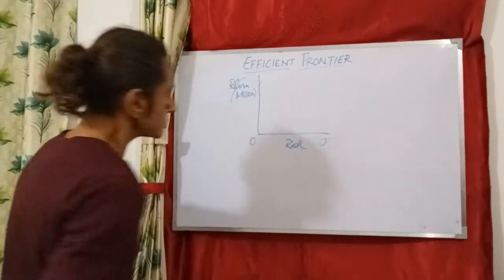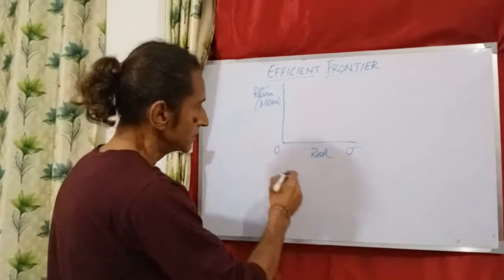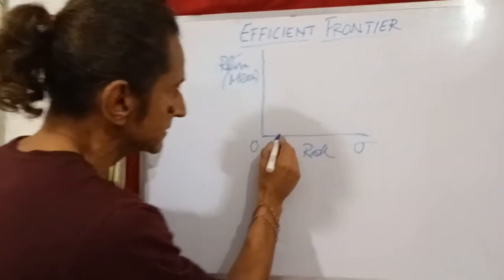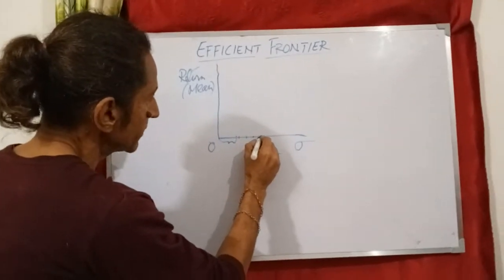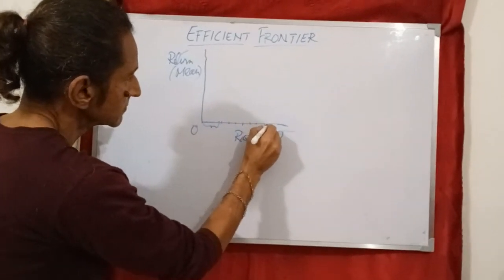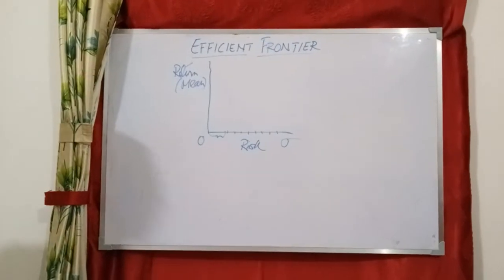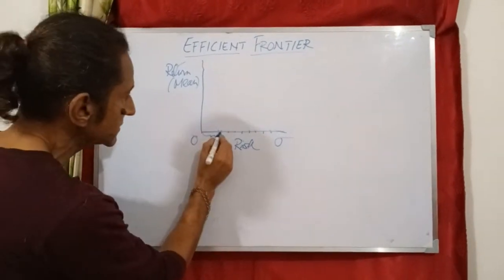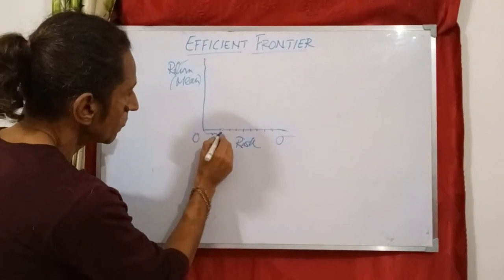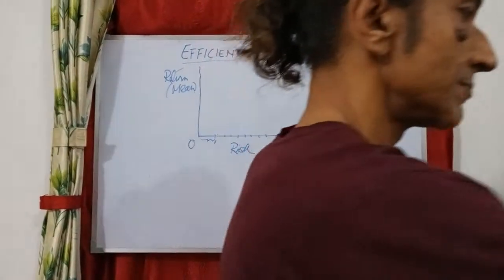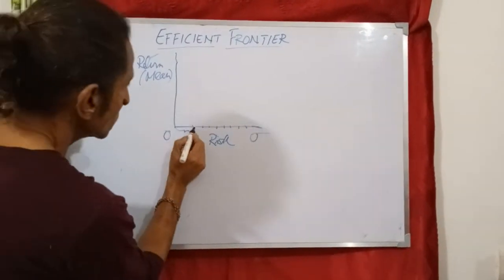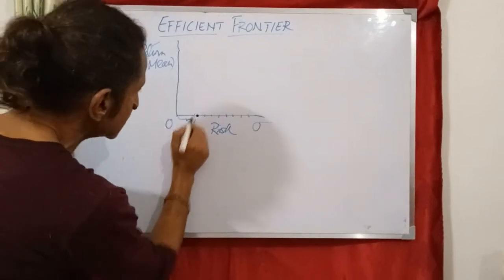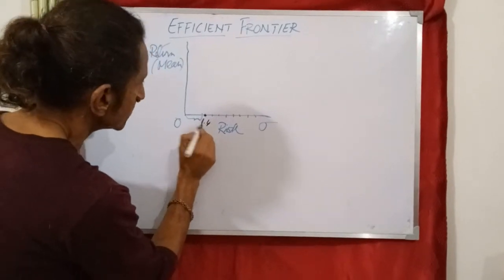So these are the different risk tolerance levels. Suppose this is 1.4.